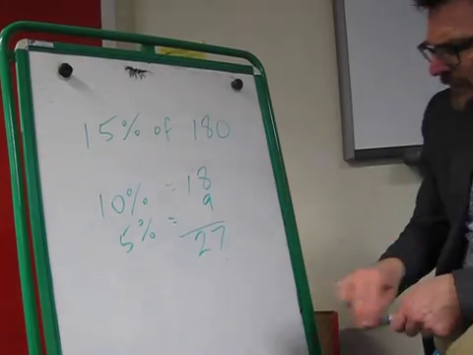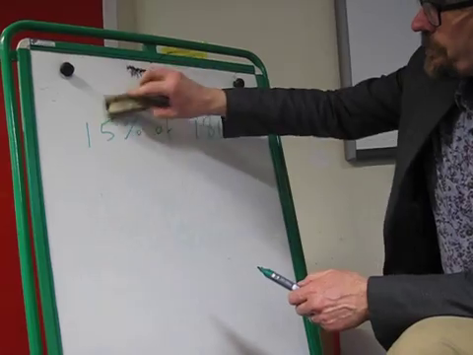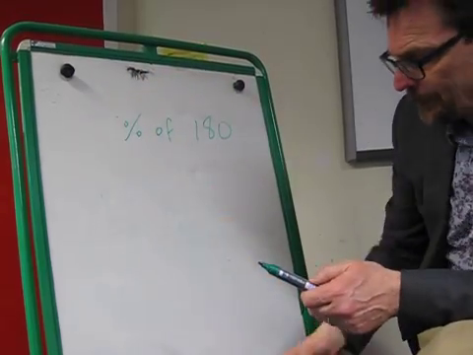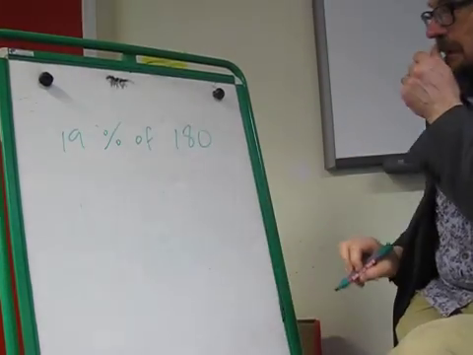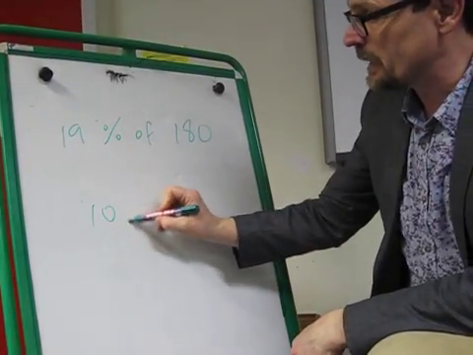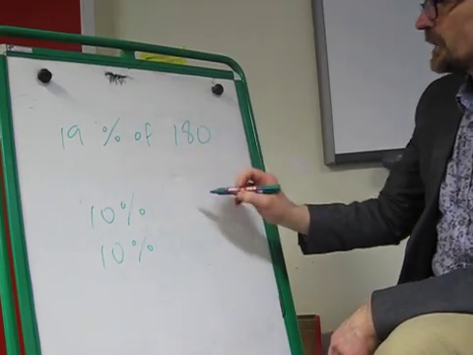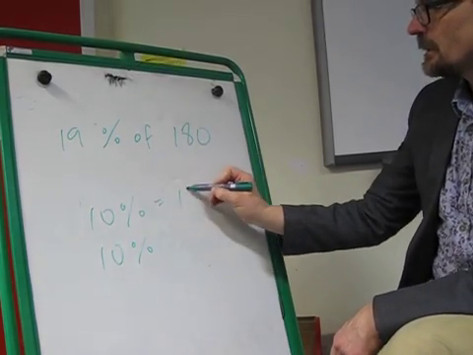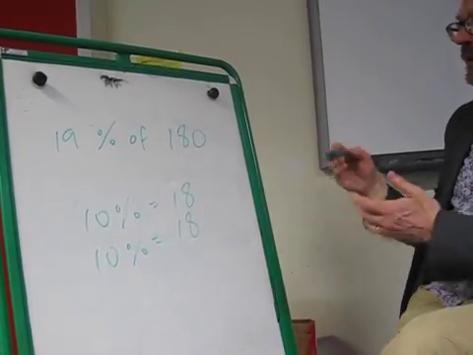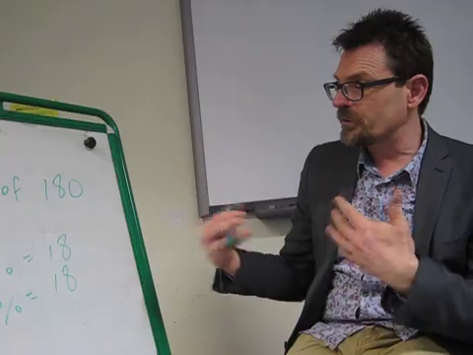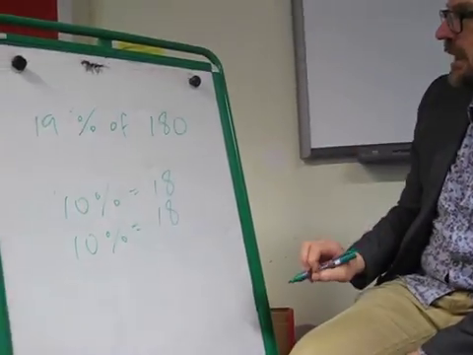Pretty straightforward really. Say for example you wanted to find 19%. Here's a little top tip. You'd find 10% and 10%. We said 10% was 18, and another 10% is 18, so that's 20%, which is 36. Then we take 1% off. Because 1% is a hundredth, we would take off 1.8.